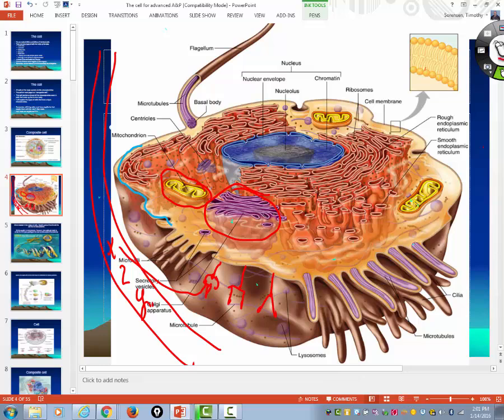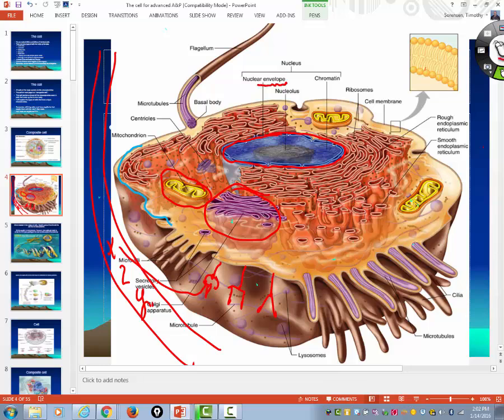Now, almost all cells of the body have a nucleus, and the nucleus is surrounded by a protective envelope called the nuclear envelope.